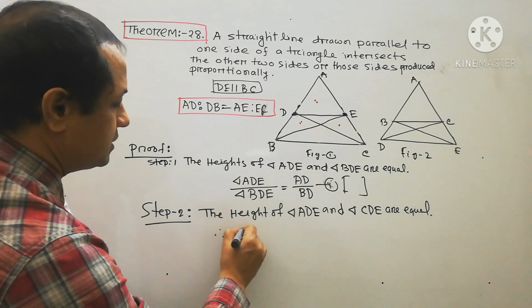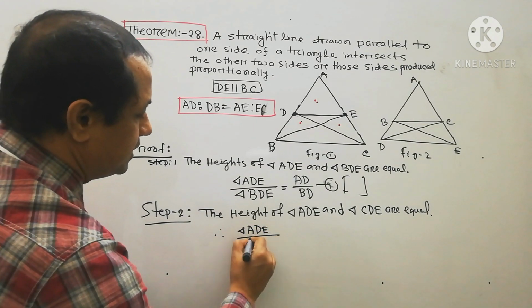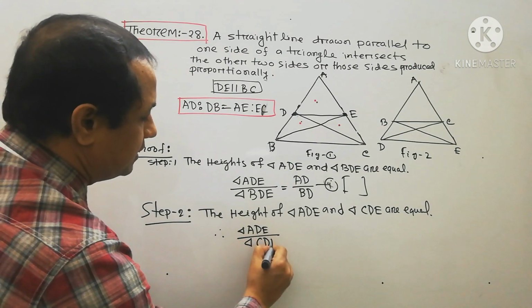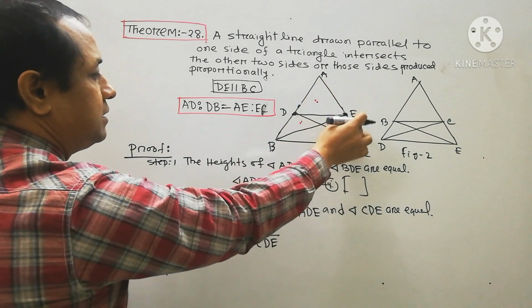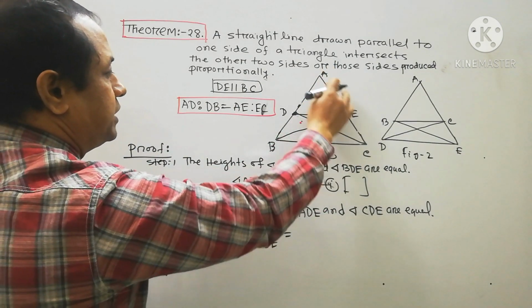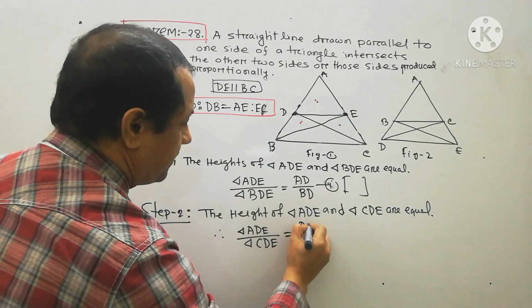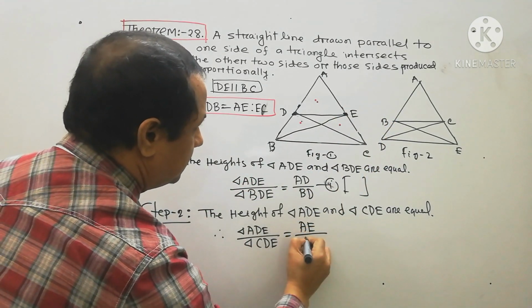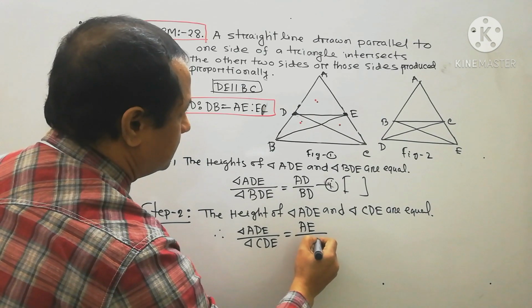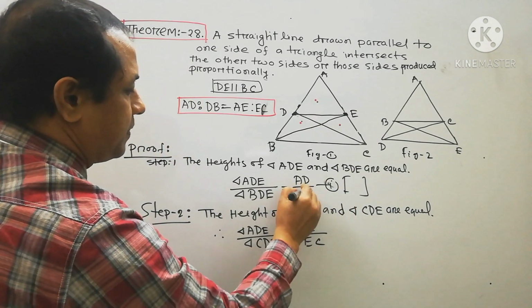So we can write triangle ADE by triangle CDE equals the ratio of the two bases, AE by EC.